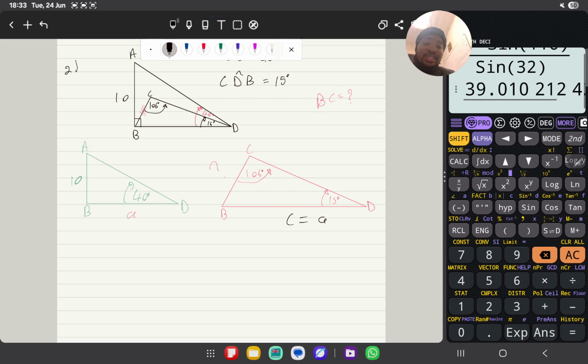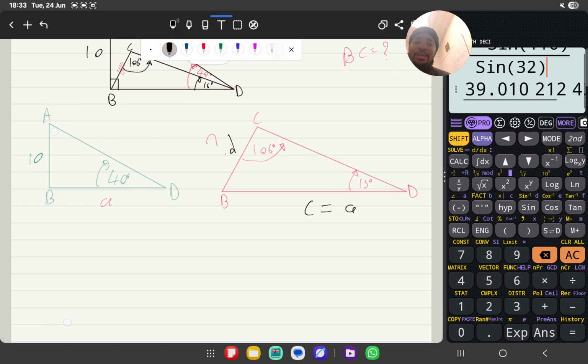And then we would say C over sine C is equal to D over sine D, and that's how we're going to get our value. Very simple, but when it was there, it looks like a very challenging problem, but it's not. So let's cook.